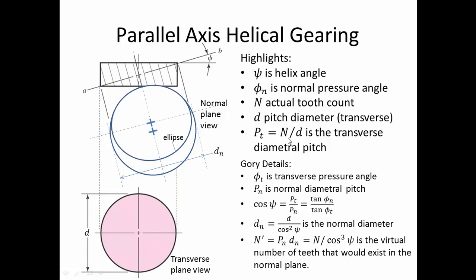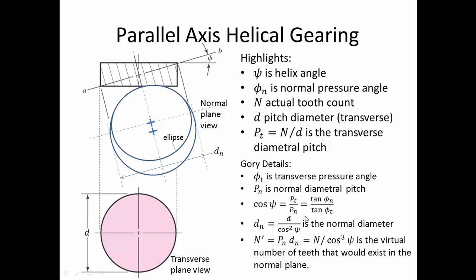So that leads us to the notion of transverse diametral pitch, and that would be the actual tooth count divided by that D that we just spoke of. There are some other gory details and some other parameters, and I'd like to introduce those briefly. Phi sub n is the normal pressure angle, but phi sub t is the transverse pressure angle. And then, to complement the transverse diametral pitch, you have the normal diametral pitch.